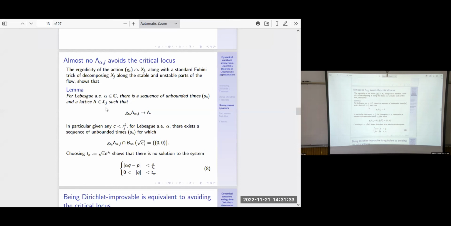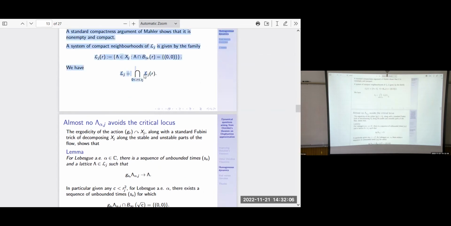So let's see how that implies that this Rj is the optimal constant. For any c less than Rj squared, that means square root of c is less than Rj, for almost every alpha you can find a sequence of times such that g_sn sends lambda_alpha_j into one of these neighborhoods.